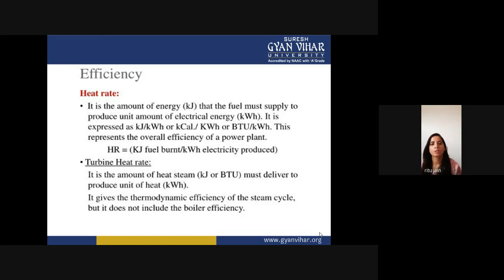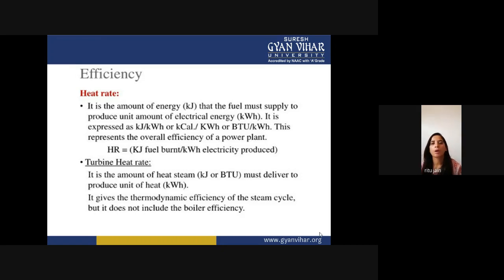Next we come to the turbine heat rate. It is the amount of heat the steam must deliver to produce a unit of electricity. Actually, in a thermal power plant you are burning coal, so how much coal is required to convert water into steam.